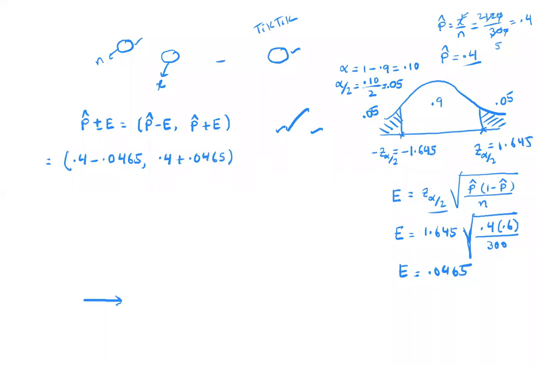So 0.4 minus 0.0465 is equal to 0.3535, comma, 0.4 plus 0.0465 is 0.4465, which, by the way, is the same as 35.35%, comma, 44.65%.